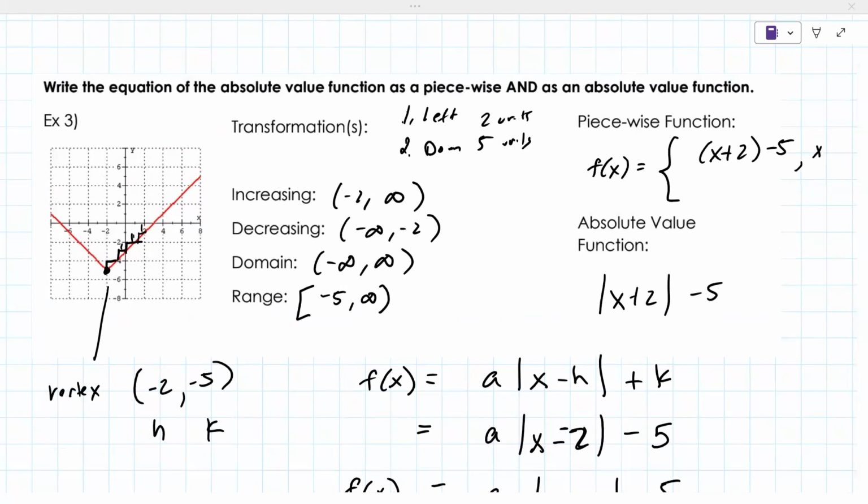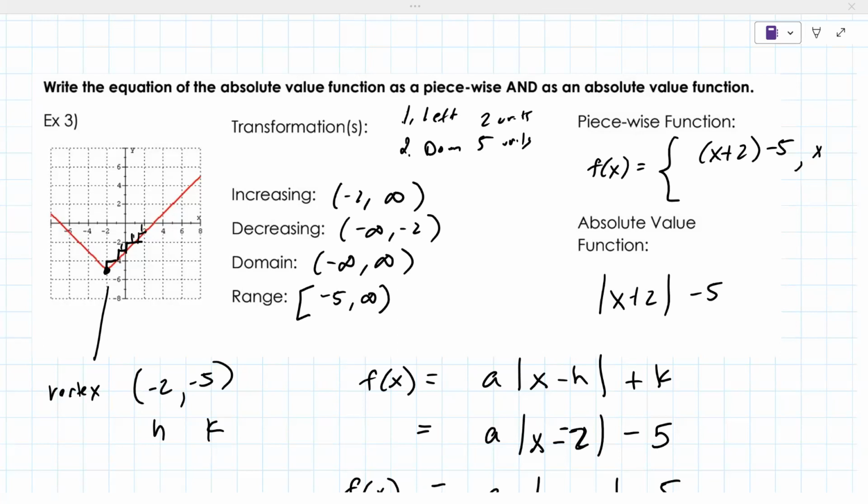Yeah, this would be x greater than 1, x less than negative 1. All right, I got the function.